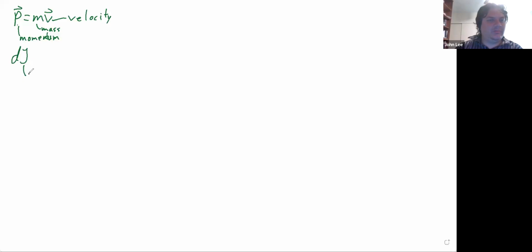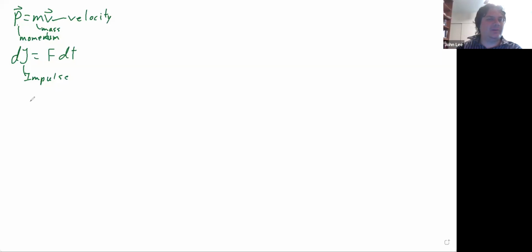That's all well and good, but first we're going to define another quantity, dJ, where J is called the impulse, is equal to F dt. So this is related to force, and instead of integrating over position like we did for work, we're going to integrate over time.